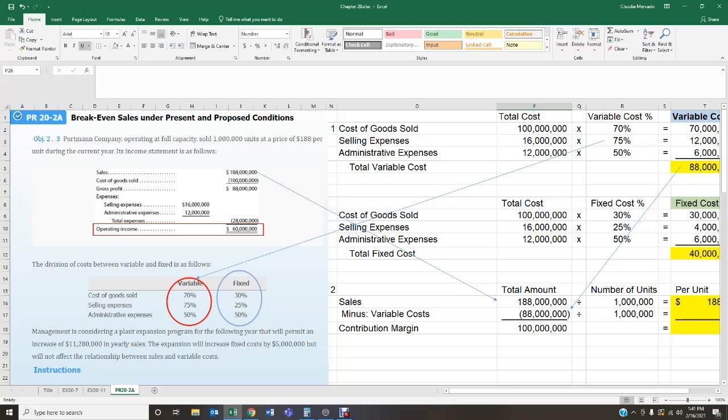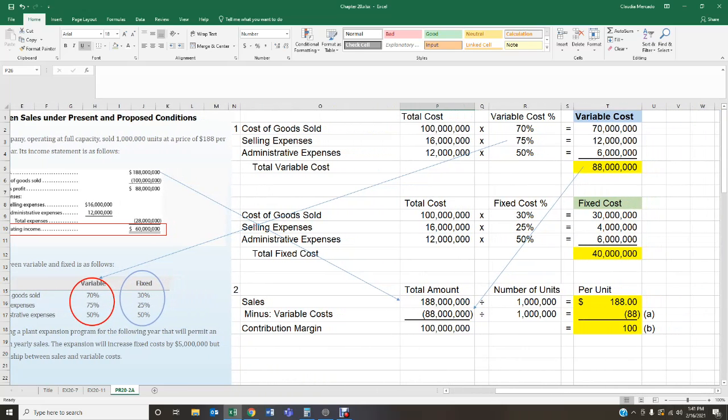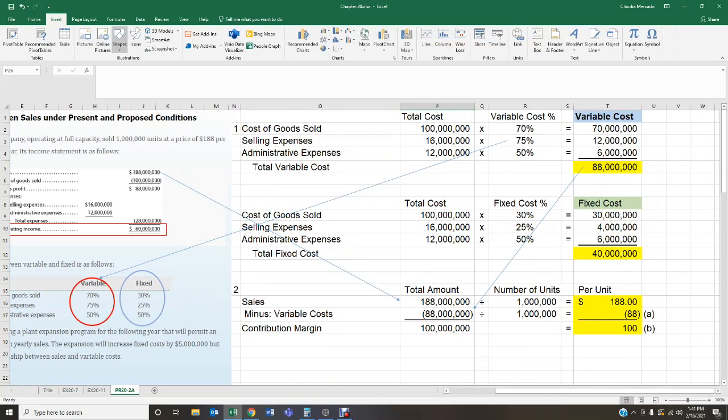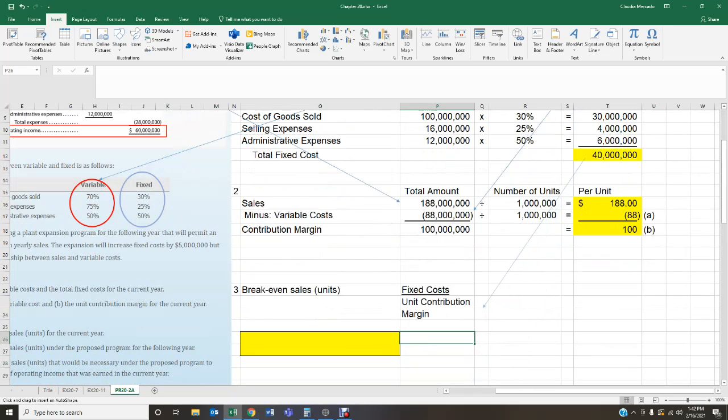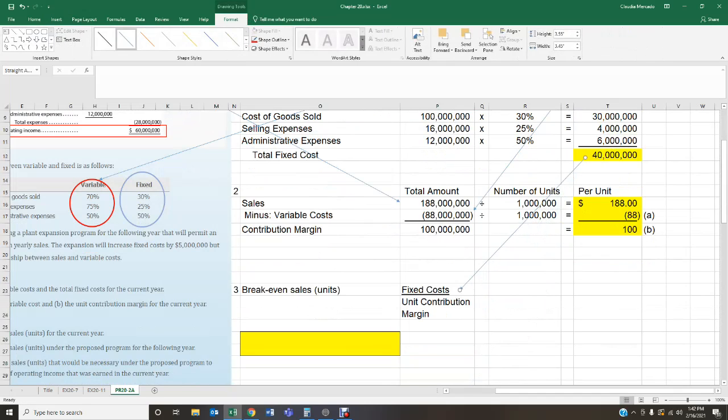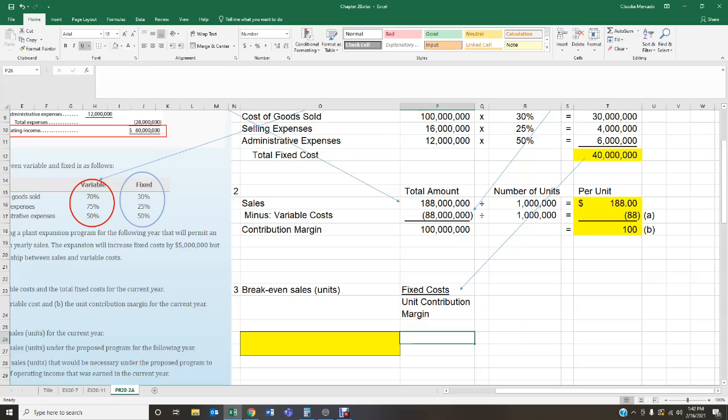Okay, no we don't, but we calculated it in requirement A, or the first part of the requirement. According to our calculations, our total fixed cost is $40 million. So those $40 million are going to go over here, fixed costs. Okay, so my fixed costs were $40 million.